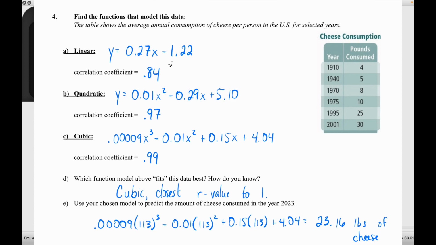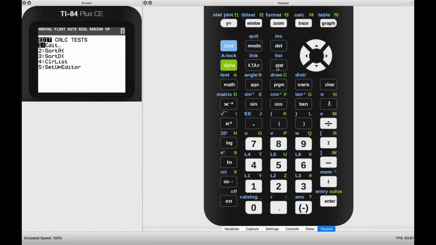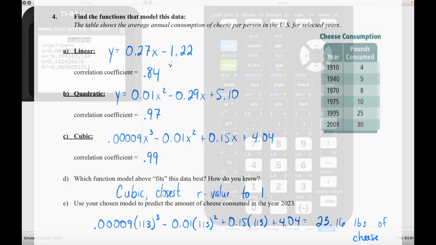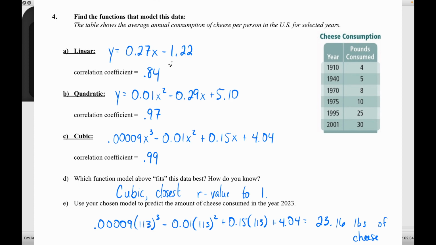Then I go back and do my quadratic regression, which gives me an R value of 0.97, which would be 0.01x squared minus 0.29x plus 5.10.